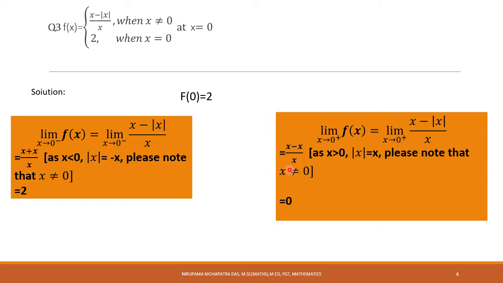So denominator is not 0. Numerator is 0 because you are taking x minus x, right? So 0 by some non-zero quantity is equal to 0. And here you see left hand limit 2, right hand limit 0. It means limit x approaches 0 f(x) doesn't exist. It means the function is not continuous at x equal to 0. It means function is discontinuous at 0.